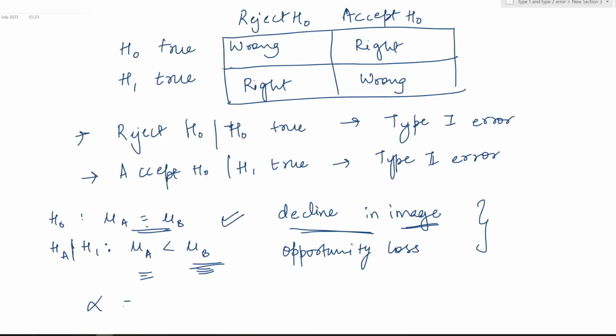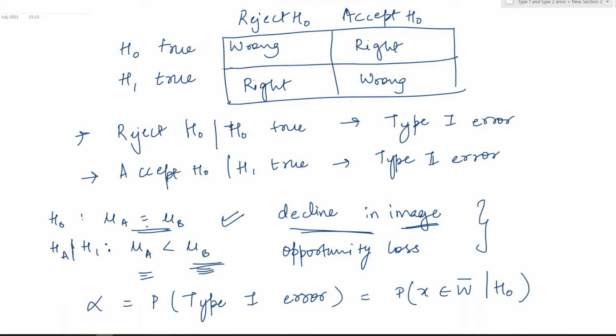Now let's see, we have our alpha, that is also called the level of significance. This is equal to the probability of type 1 error, that is rejecting H0 when our H0 is true, which is equal to the probability that our X lies in the rejection region given H0.